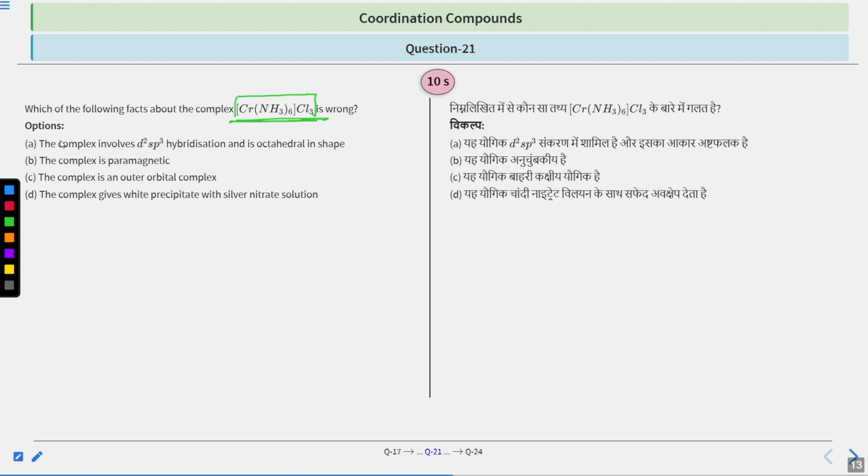Options are: the complex involves d2sp3 hybridization and octahedral shape, or the complex is paramagnetic, the complex is an outer orbital complex, the complex gives white precipitate with silver nitrate solution. These are the four statements. You have to select the wrong one, which does not suit this complex given in the question.